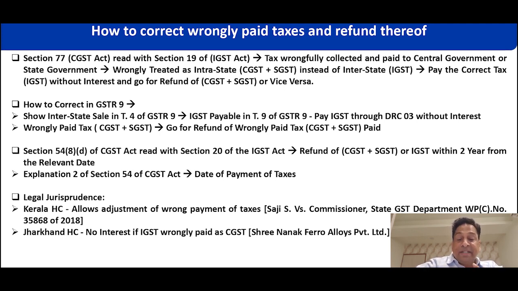And second, regarding interest: when you are paying the IGST liability, which is the correct liability, is interest leviable? Section 77 subsection 2 of the CGST Act, read with section 19 subsection 2 of the IGST Act, is very clear: no interest needs to be paid when you are paying the correct tax, IGST.